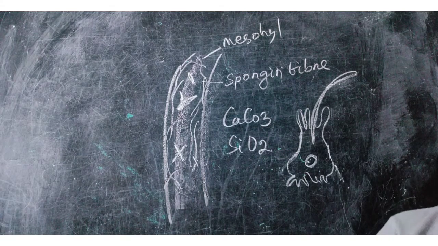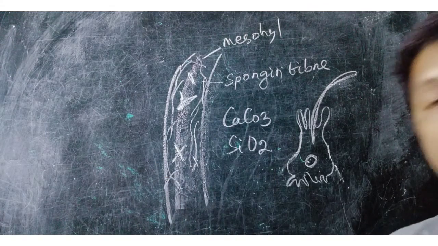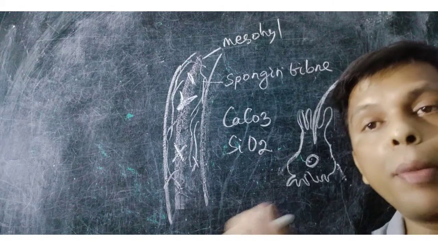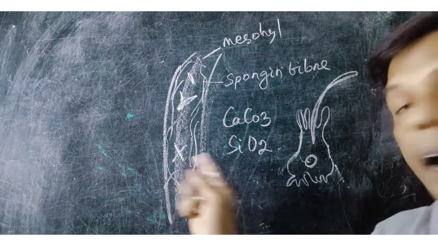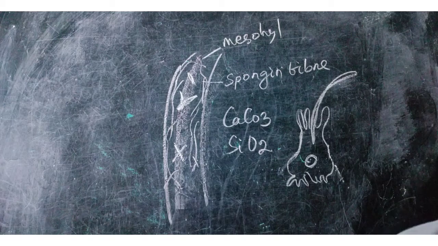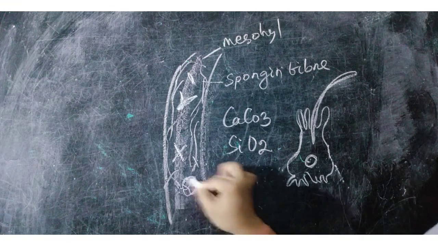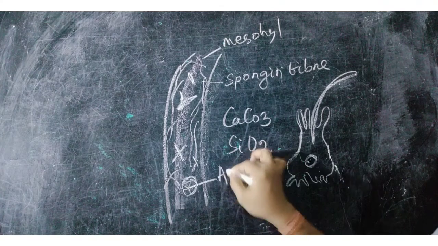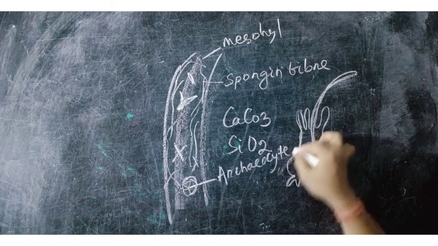The mesohyl also consists of amoeboid cells. These cells cannot remain at a particular place. These are called amoebocyte cells, which are irregular, and a particular amoebocyte cell present here is called the archaeocyte cell.